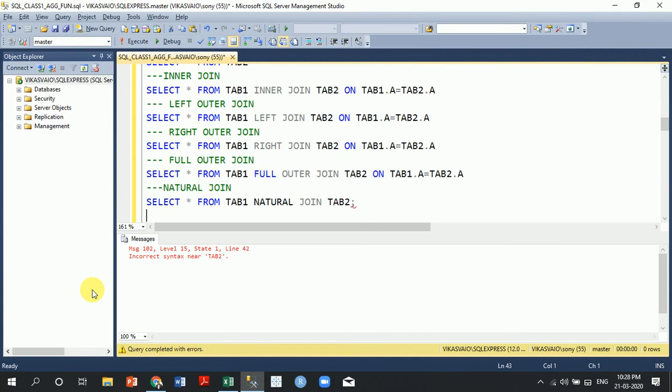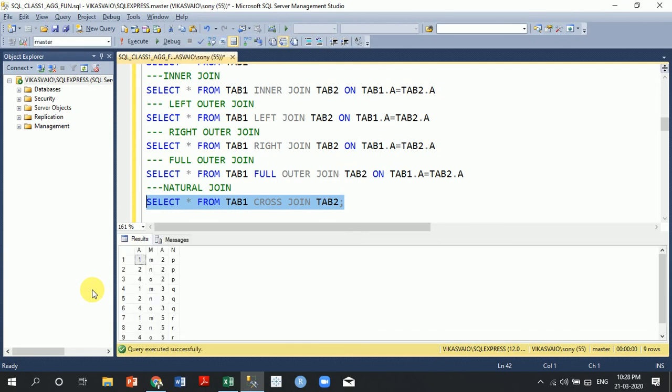So let's understand how cross join takes place. You can simply write cross join here, and while you run it, it will give you the Cartesian product of the tables. All the rows of the first table will get paired with the second table.